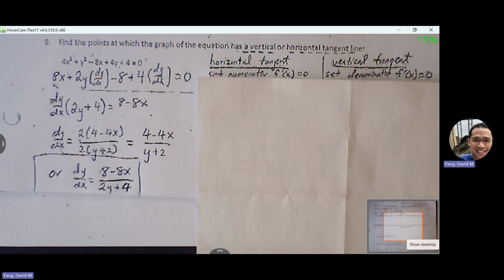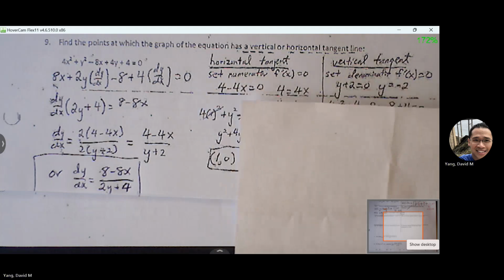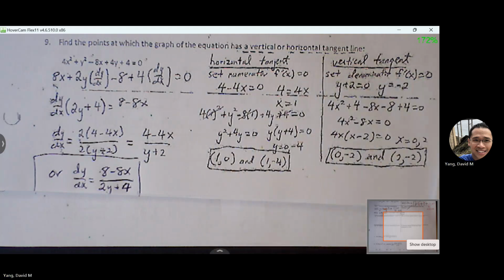Okay, horizontal tangent, set your numerator of your f prime equal to 0. Whether you solve for x or y, you have to put it back into the original equation to get to your ordered pairs.